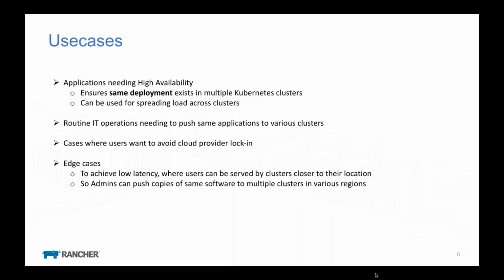Another area this aims at solving is edge computing, where users can be served by Kubernetes clusters which are closer to their location. This can be solved using multi-cluster app, where the application is running across various clusters and those closer to the user's location can serve the user traffic.